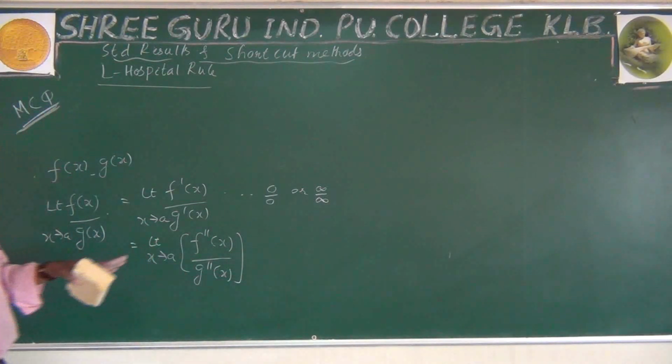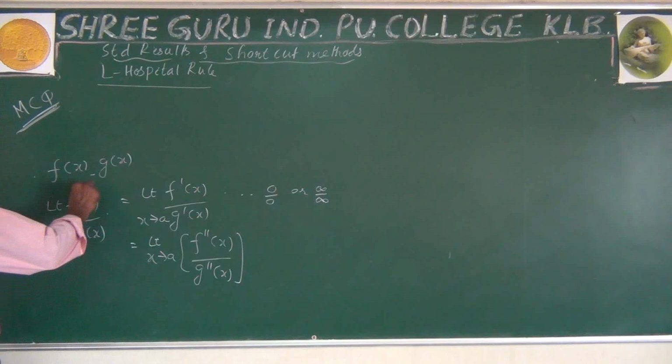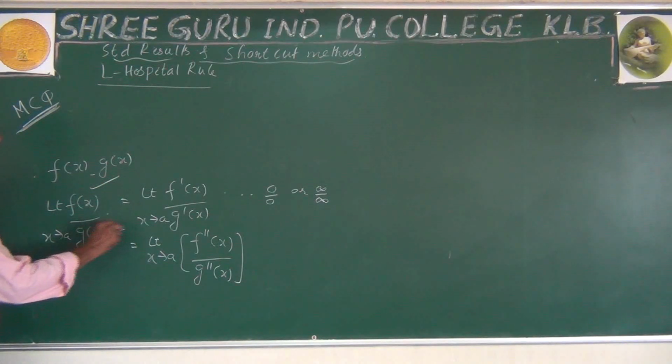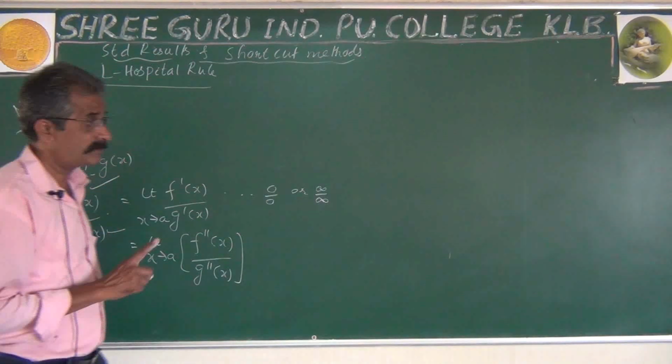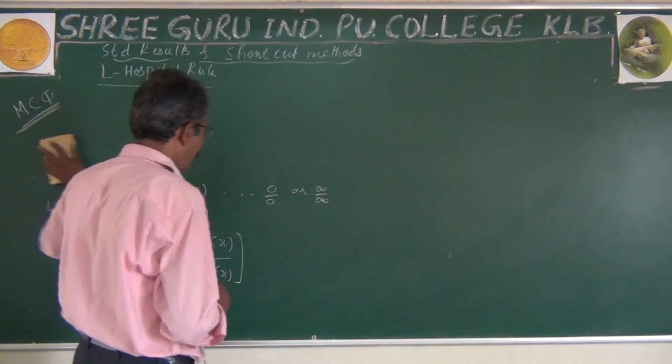And the simple method of L'Hospital rule is to differentiate the numerator, differentiate the denominator separately. Keep that in mind.